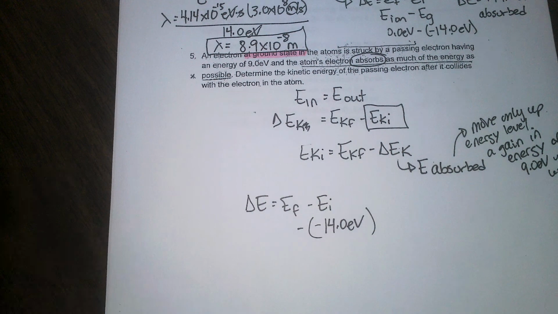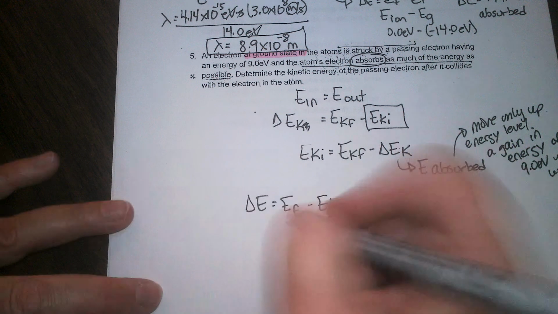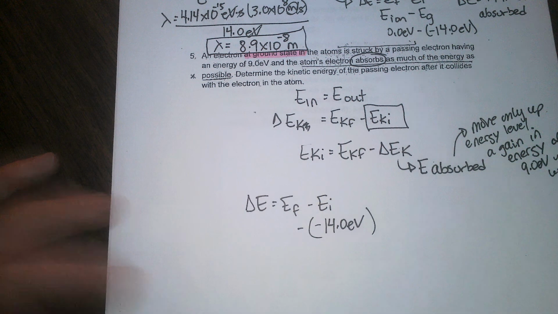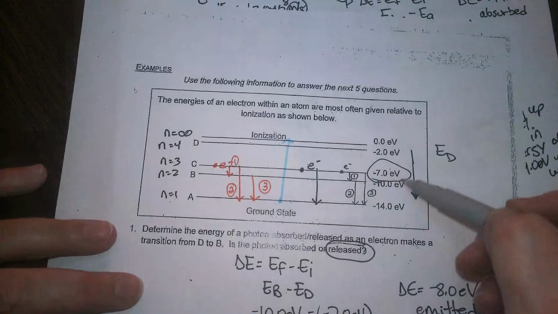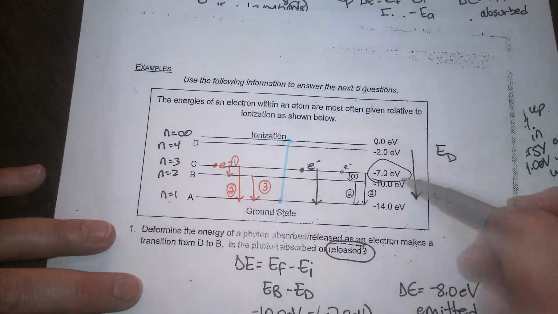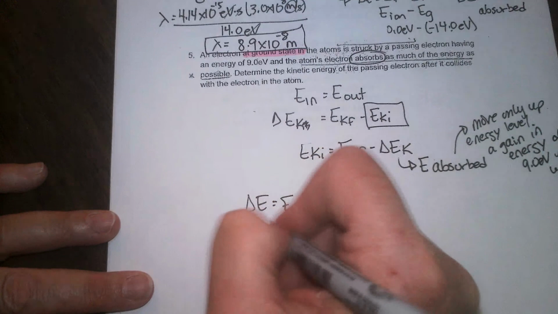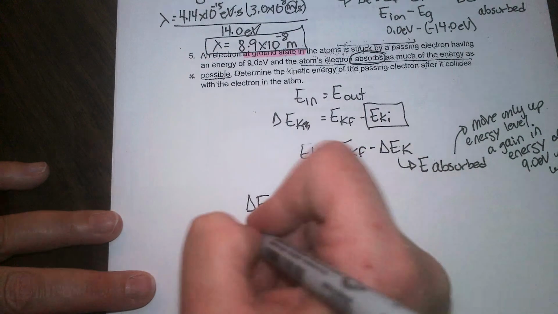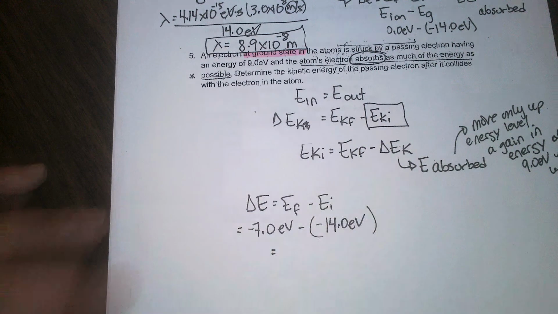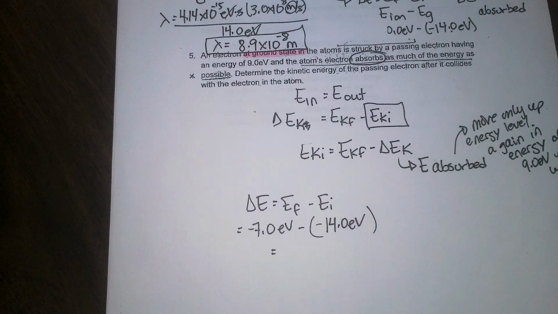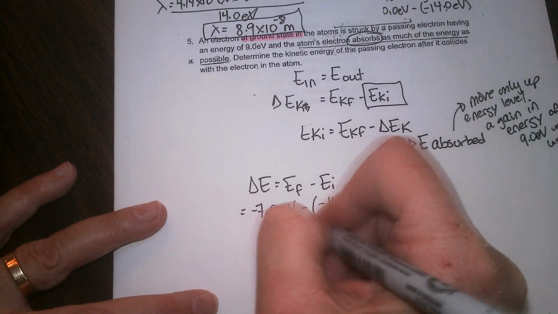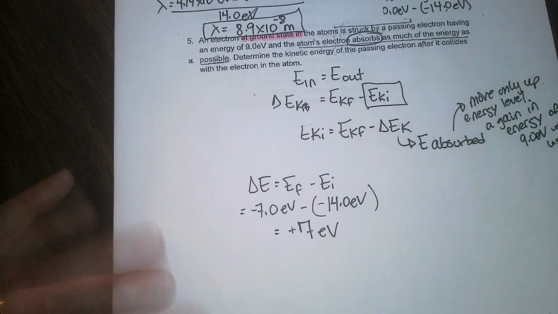And 9 electron volts or less, the best we can do on this chart that was provided to us is negative 7. So we end up with negative 7 minus negative 14, positive 7 electron volts.